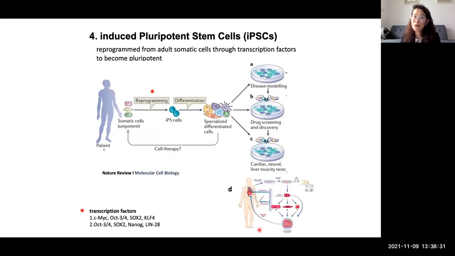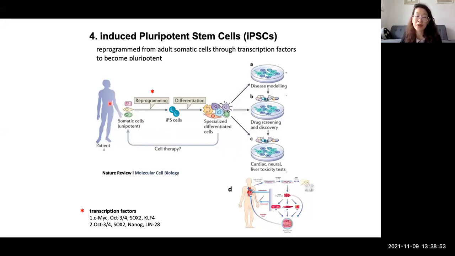Okay, and the fourth cell type in tissue engineering, we call induced pluripotent stem cells, or iPS. The original source is the primary cell, so go back to the first one.